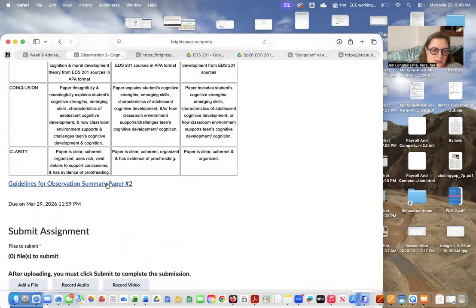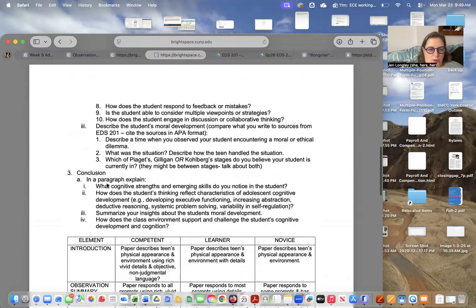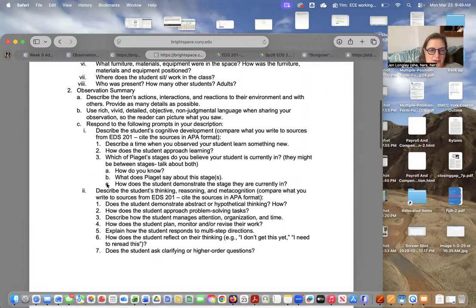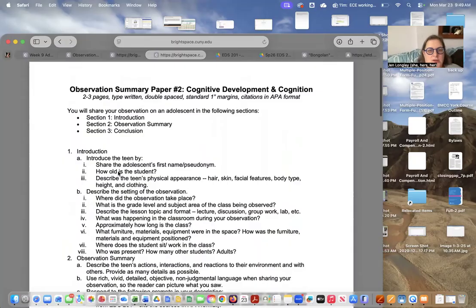So I took the same information and I added it as a link here. So hopefully this will show you a little bit easier how to create and craft your paper. So this is on cognition, cognitive development, and moral development, which is closely linked to cognitive development.